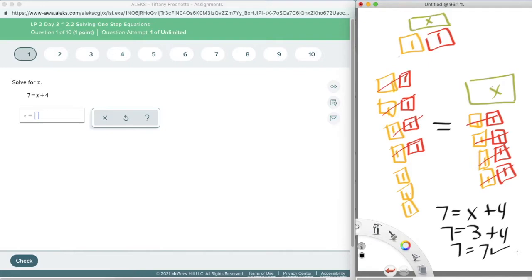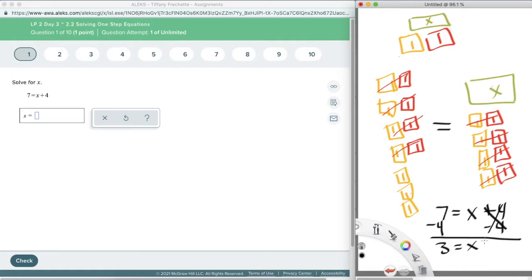But you can also use the algebra and say, what's left over. So I would look at the x and say, I want to get it by itself. And just like I took these 4 away here, I say minus 4, minus 4. So I took 4 away, and I'd have 3 equals x, because 4 minus 4 cancels out.